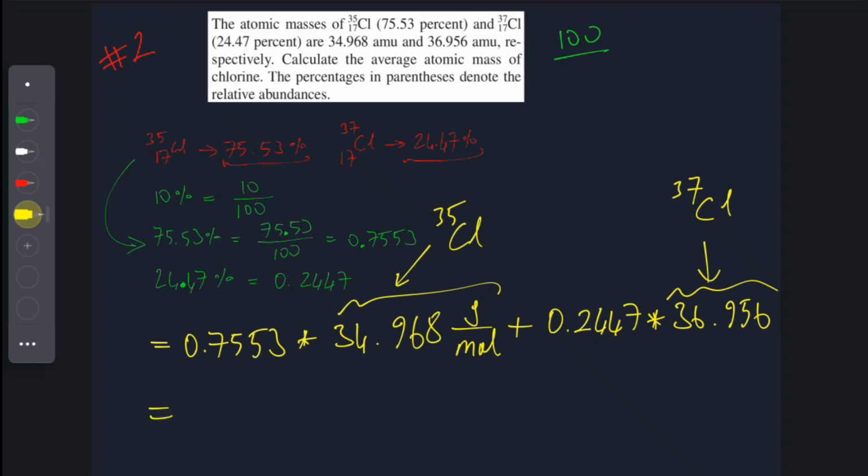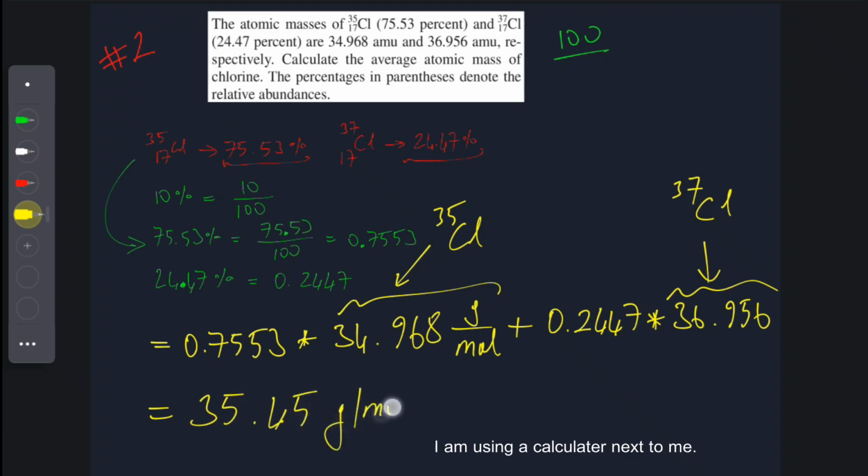If you make the math, the average mass is 35.45 gram per mole or AMU. But we can just use one unit, so I want to use gram per mole. And this is our answer. This is the average mass of chlorine.